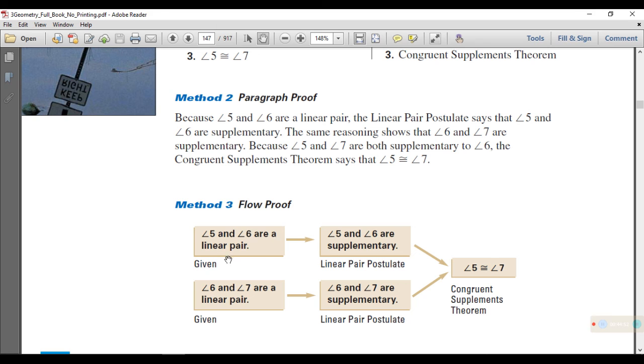And then, you will start with the given. Immediately after that, meron tayong arrow going to the second statement. Next, meron tayong another given. Immediately after that, meron tayong linear pair postulate. And they will all lead to the conclusion that is angle 5 is congruent to angle 7 using the congruent supplements theorem.